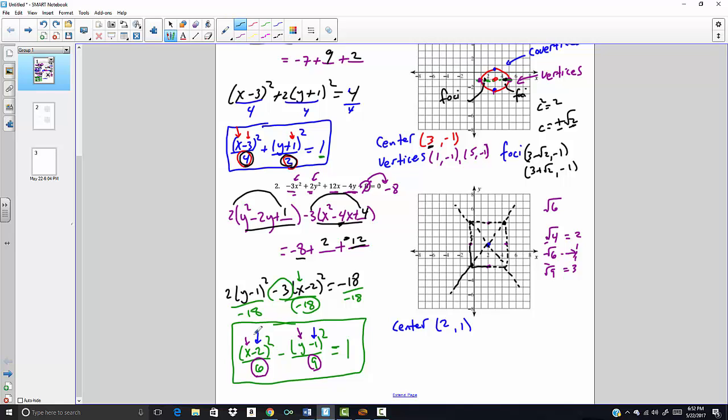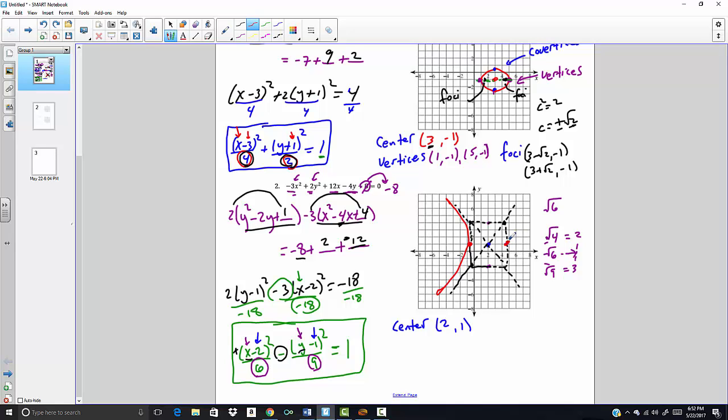Now, because the positive term is x and the negative term is y, that means it's going to open left and right because the positive term is the x. So we're going to have a graph that starts here at these vertices, and it's going to open this way toward the asymptote and this way here toward the asymptote.